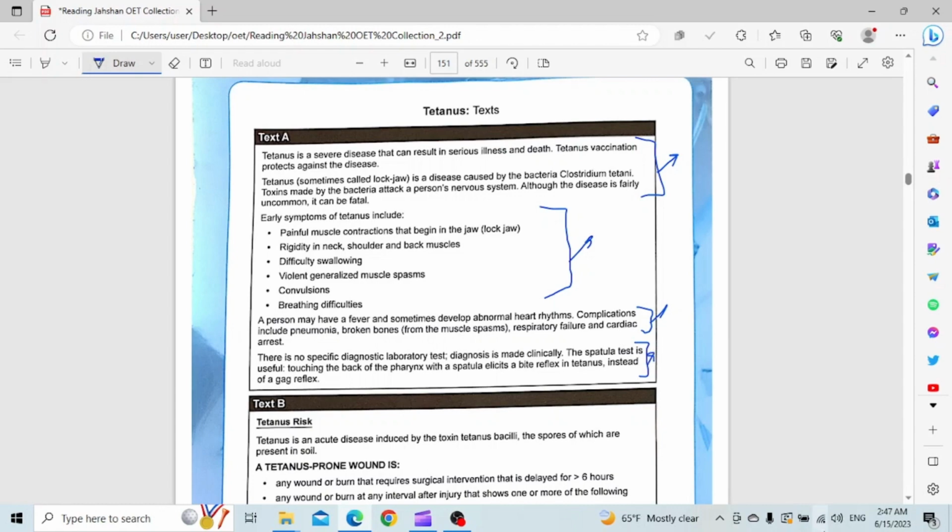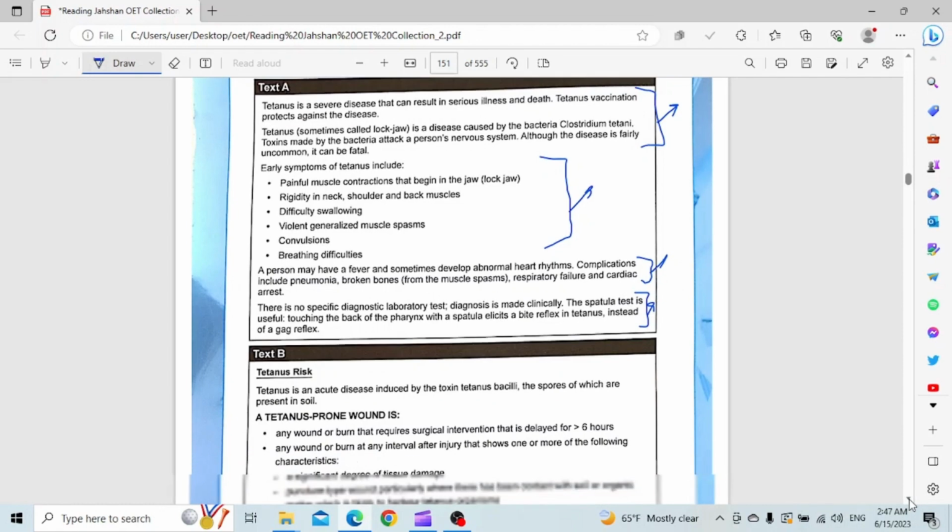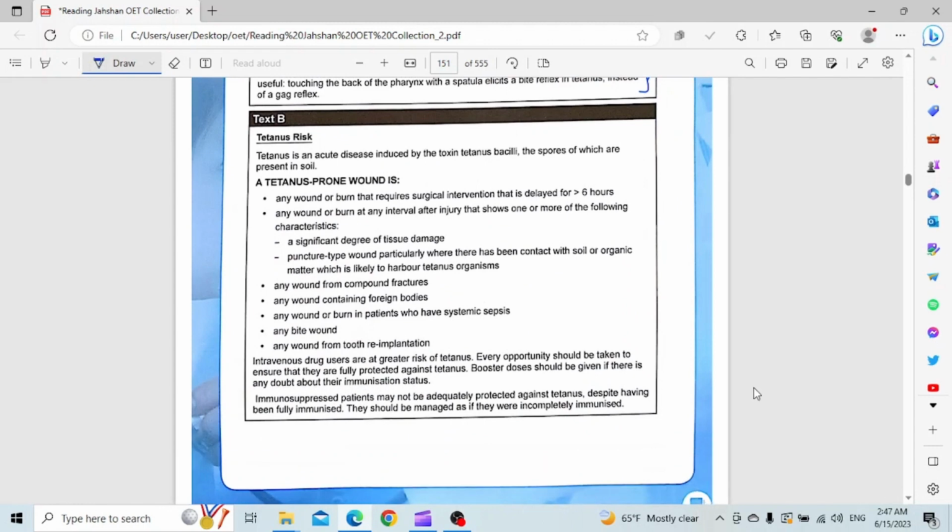How much time did it take me? Less than 10 seconds. Then I give a definition or a title for each thing so that I can minimize my search. Tetanus is an acute disease induced by the toxin of tetanus bacilli.